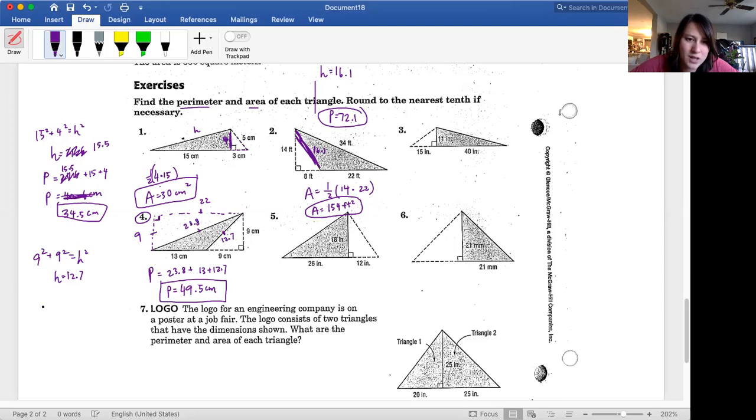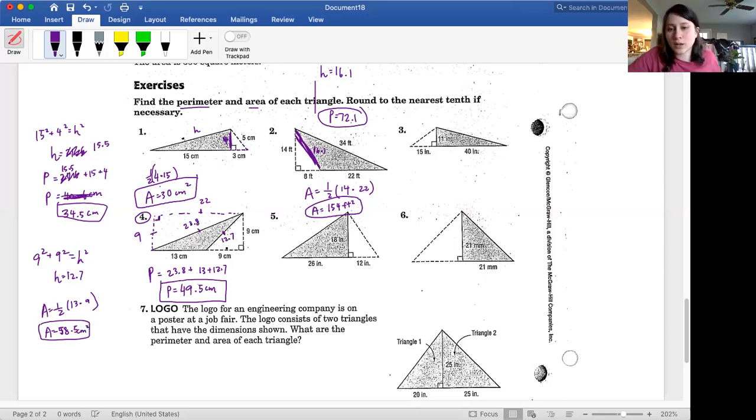So it's really just, the area is just 1/2 times 13 times 9. So that ends up being 58.5. And that's centimeters squared. Okay.